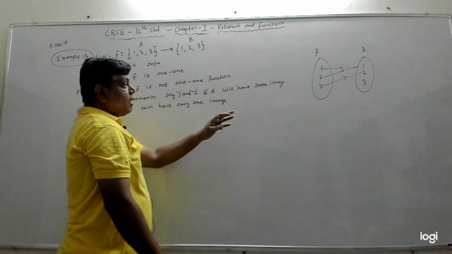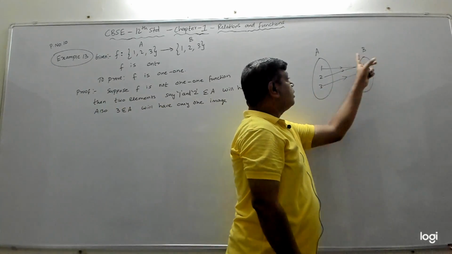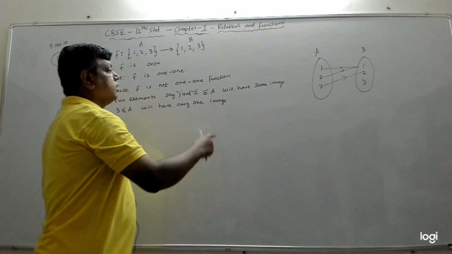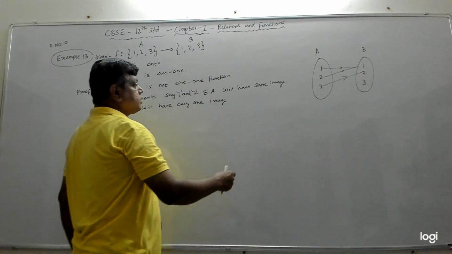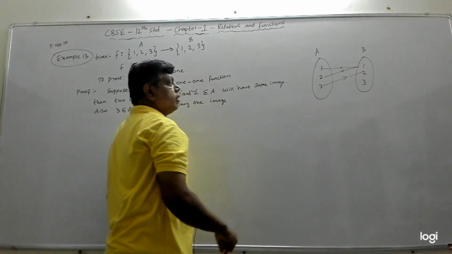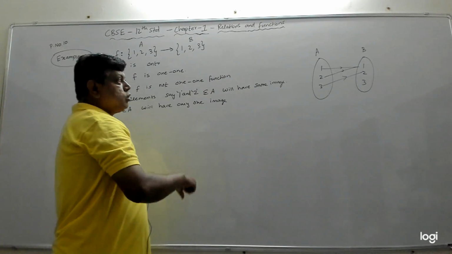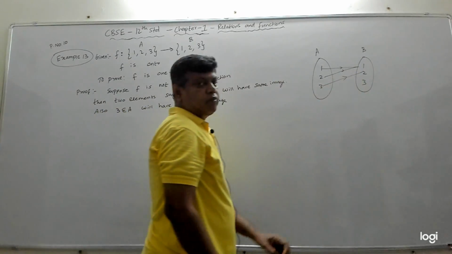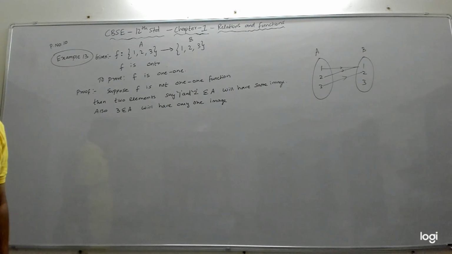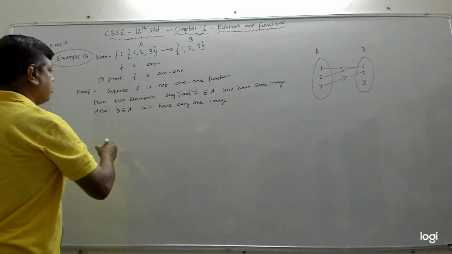So which makes our codomain elements, which are 1, 2, 3, right? The range will have at most two elements, 1 and 2. Range is what? All the mapped elements.